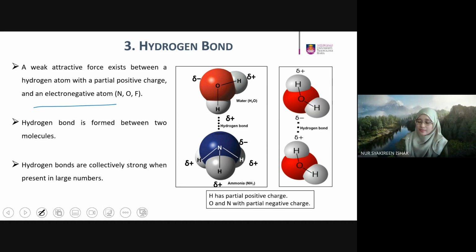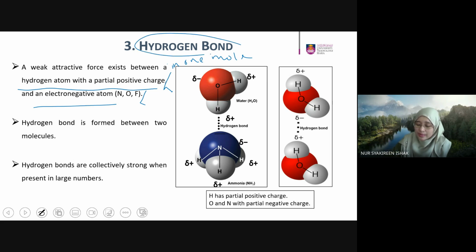So in this sentence, it says weak attractive forces exist between a hydrogen atom with a partial positive charge, you can add here in one molecule, and an electronegative atom of another molecule. Hydrogen bonds form between atoms of different molecules.